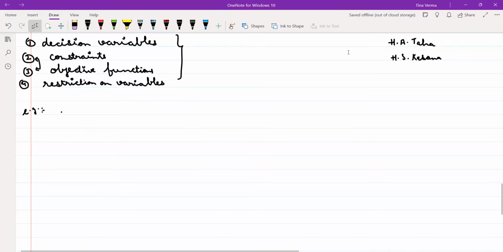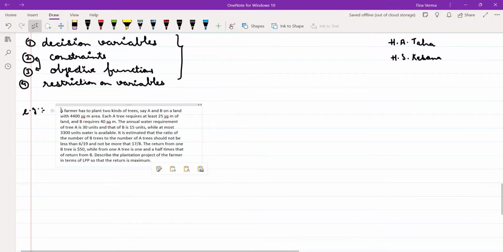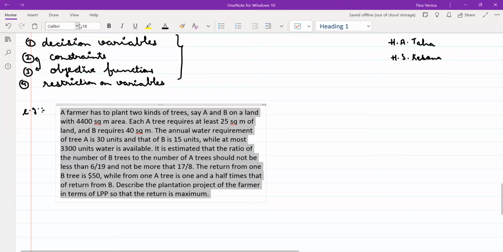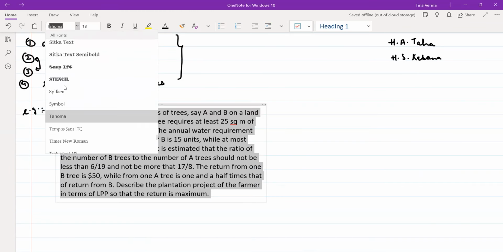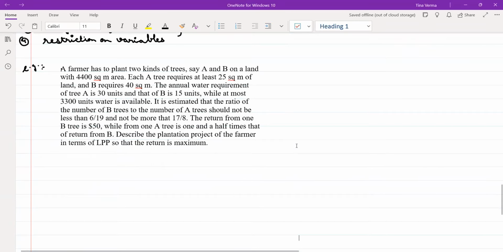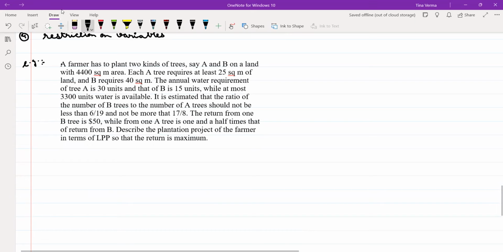So the first problem is: a farmer has to plant 2 kinds of trees, say A and B, on a land with 4,400 square meter area, right?